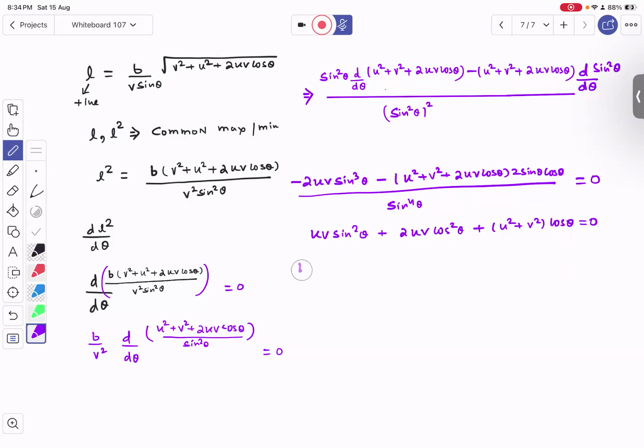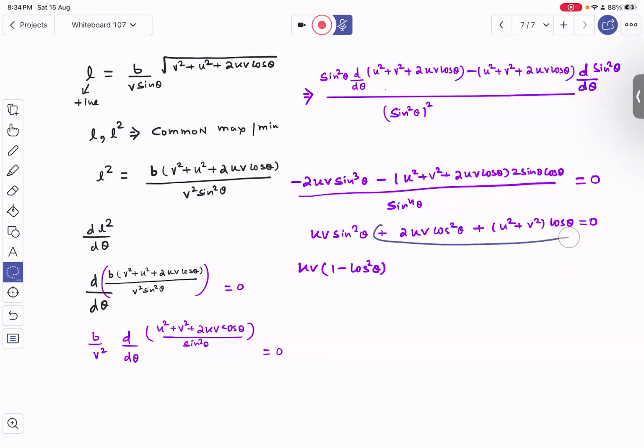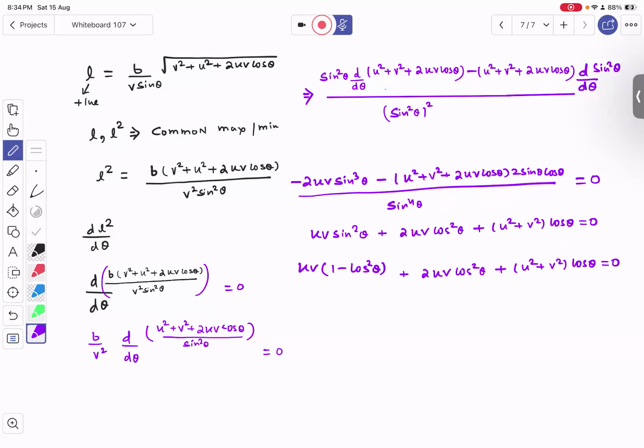So we get uv into 1 minus cos square theta plus the same other things, all equal to 0. Simplify it and it's going to become uv cos square theta plus u square plus v square into cos theta plus uv is equal to 0.